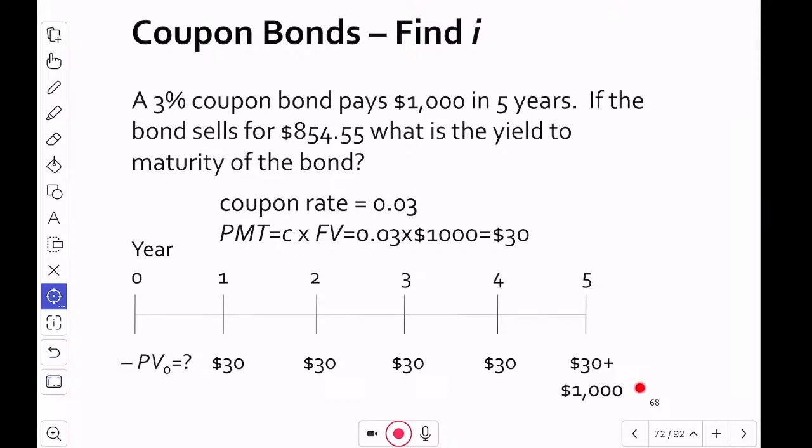Face value 1,000. We know the price. The price we are told is $854.55. Now for the calculator, you need to put a negative in there because the calculator keeps tabs on cash outflows and inflows. In this case, it's an outflow.